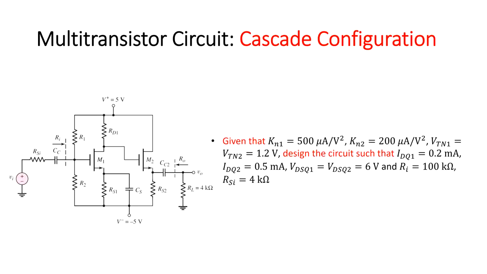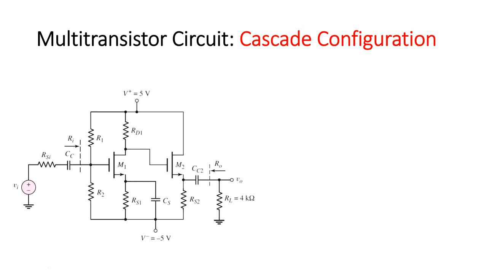Let us design such a cascade configuration based on the given parameters of the transistors and the required levels of the drain currents and the drain to source voltages. Let us first focus on the right part of the circuit and the second transistor M2.